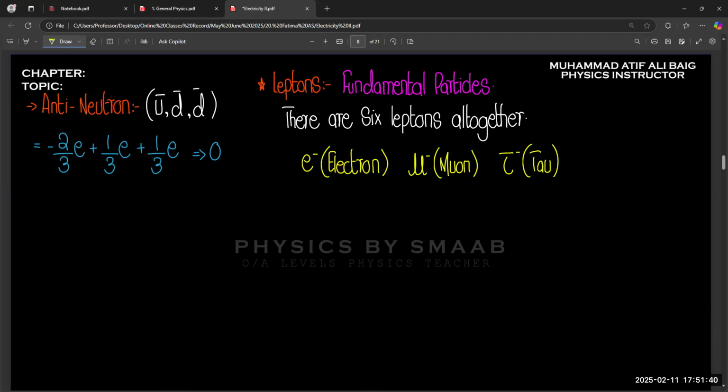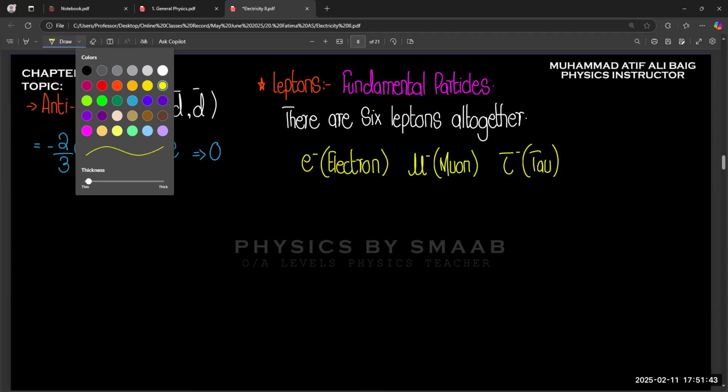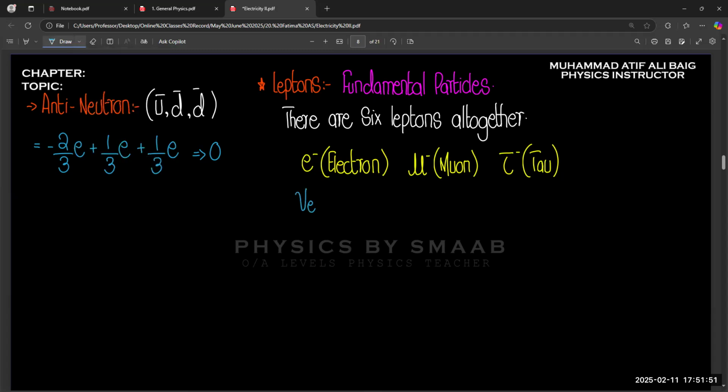And the opposite categories are electron neutrino, muon neutrino, and the third one is tau neutrino.